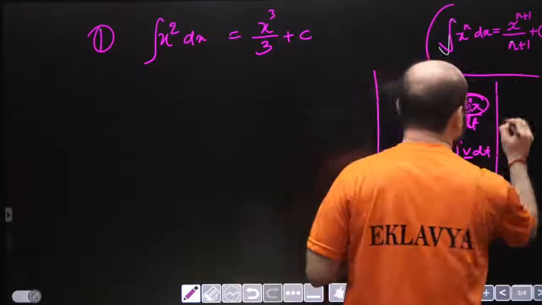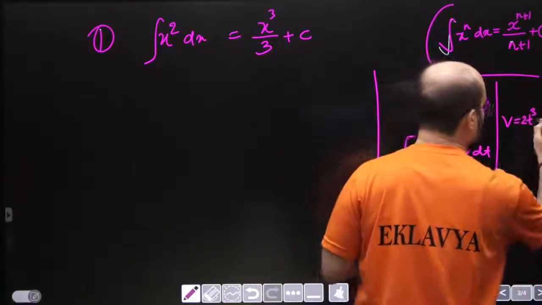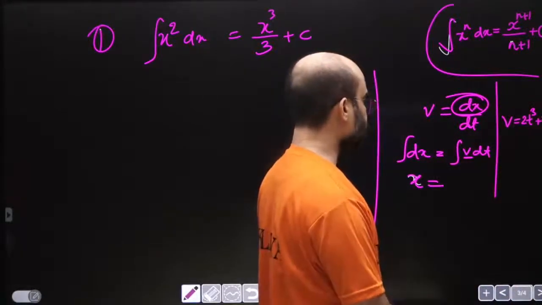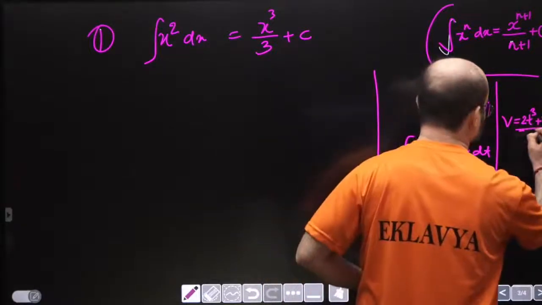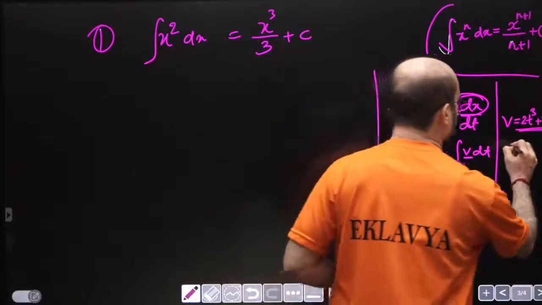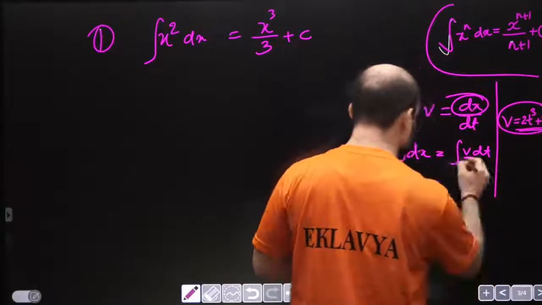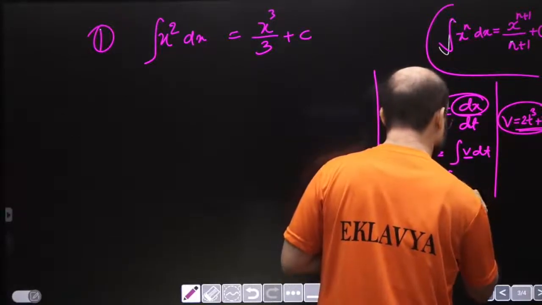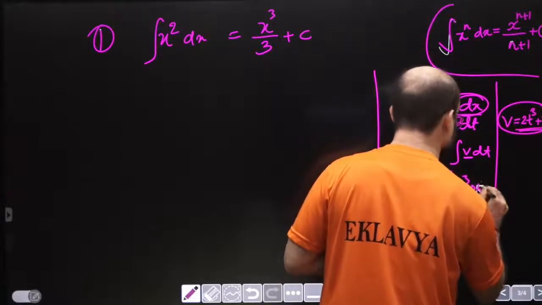Suppose we have got v equals 2t cube plus 5. Mind it, this is important. So suppose v is this. We have put it here: the integral of 2t cube plus 5, into dt.